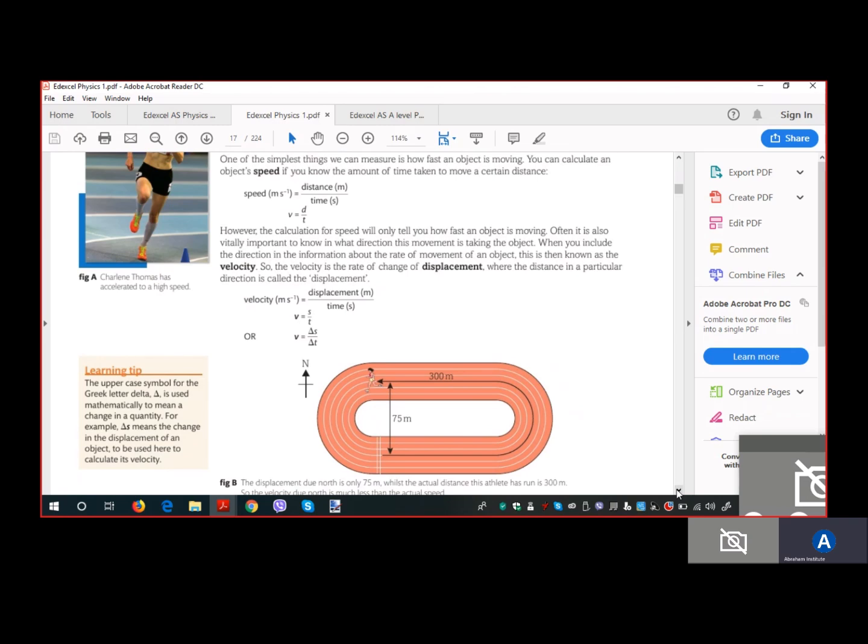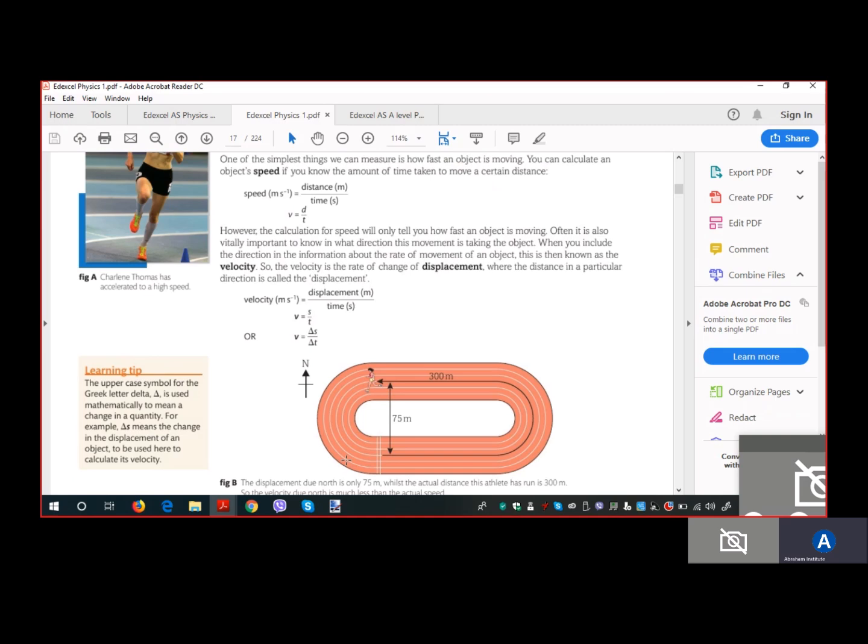Do you do any sports? Yes, I do football. Okay, so do you know what is one whole round around this track? What is the distance? Do you watch the Olympics? 400 meters?